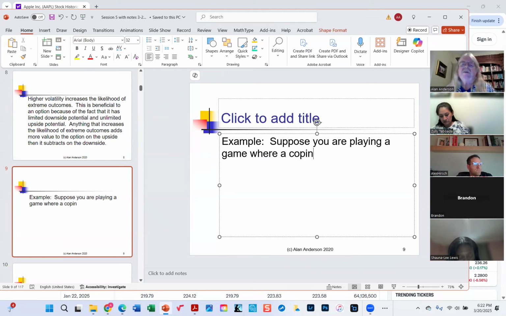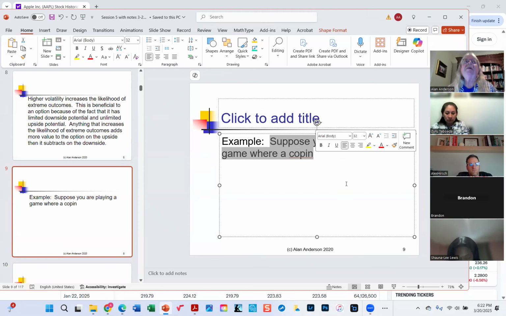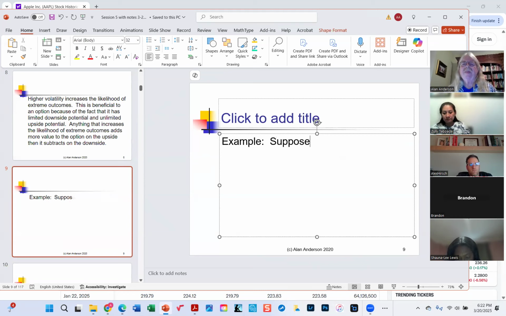Well, this is not a good example because the coin's probabilities never change. Okay, how about this one? Suppose you're playing a game where you are betting on the weather or tomorrow's temperature. That sounds better.